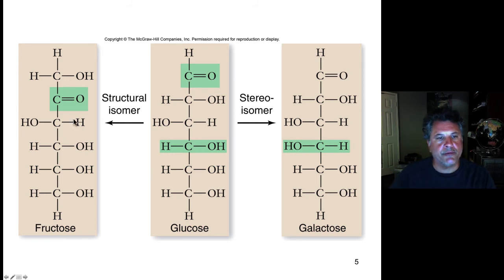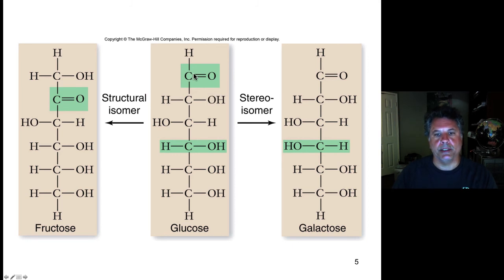Glucose and fructose are structural isomers of each other. As you can see, they have the same numbers and the same types of atoms, but the carbon skeleton has been rearranged. Here we have carbon double bonded to oxygen, whereas over here in glucose, carbon is bonded to a hydroxyl group. So here we have a carbonyl group, and here we have a hydroxyl group.